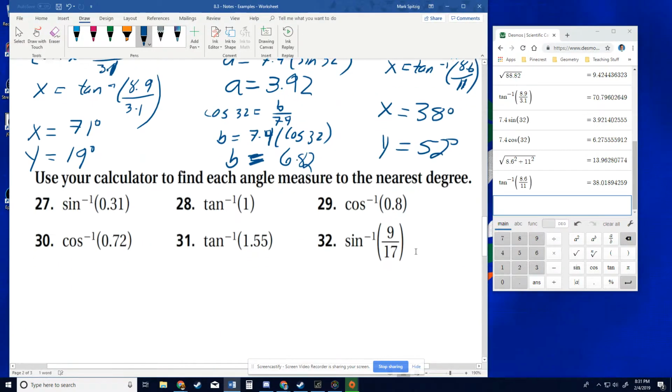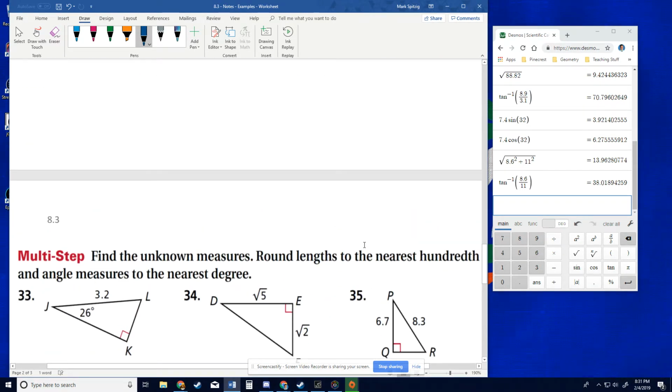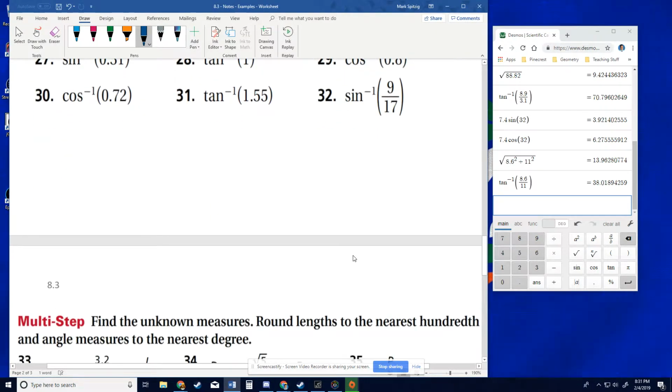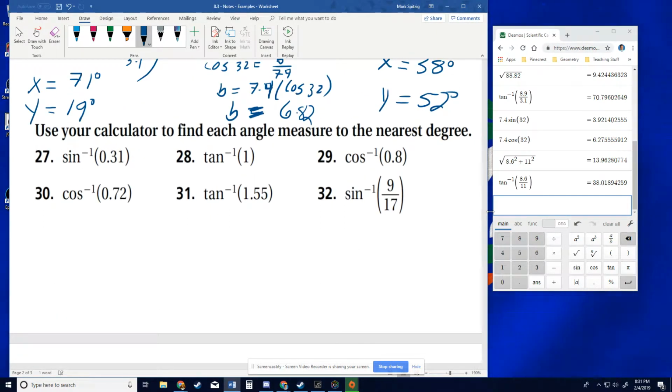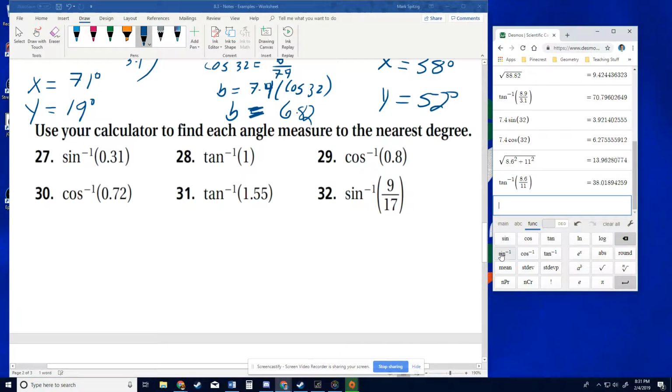All right. This is more just plugging into the calculator, and they're pretty much the same. I'll plug these into the calculator before going on to the next page. So we have inverse sine of 0.31.